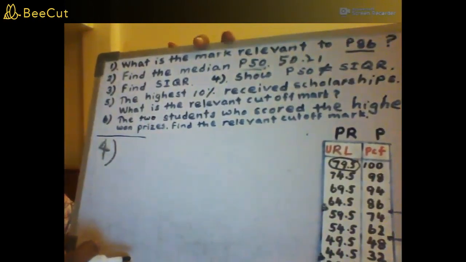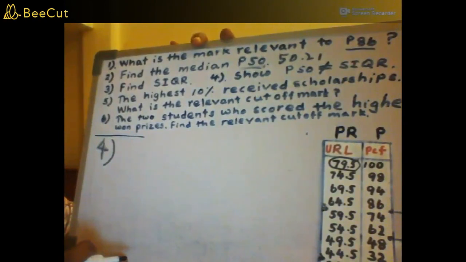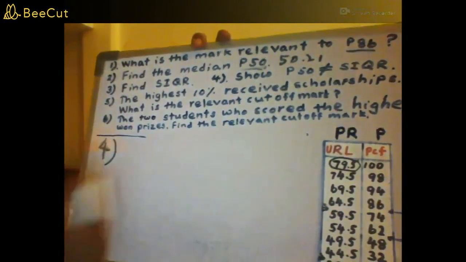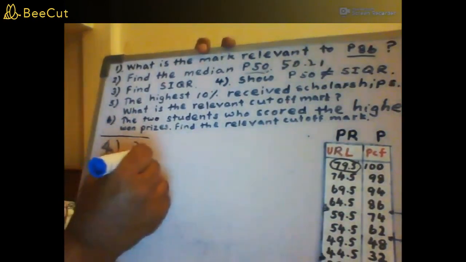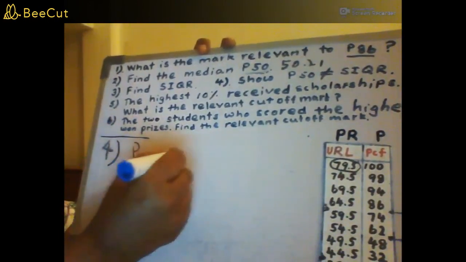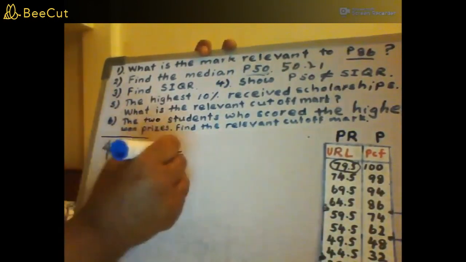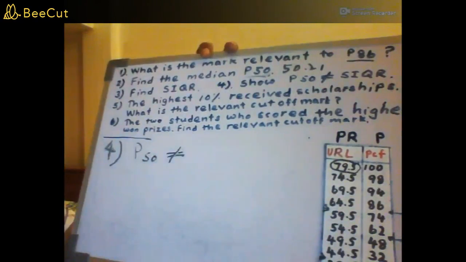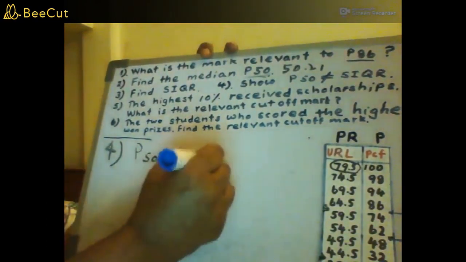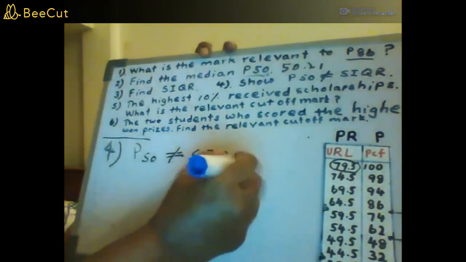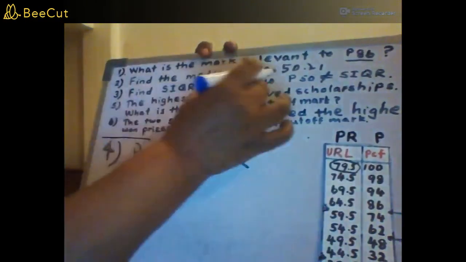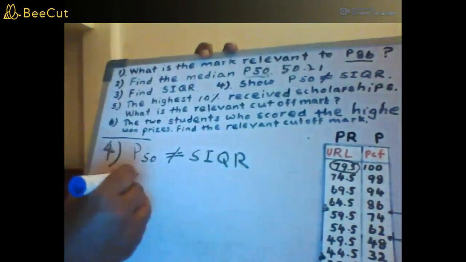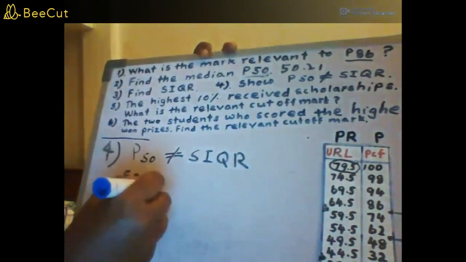Show P50 does not equal SIQR. P50 equals this, and does not equal SIQR. What is our P50? 50.21.